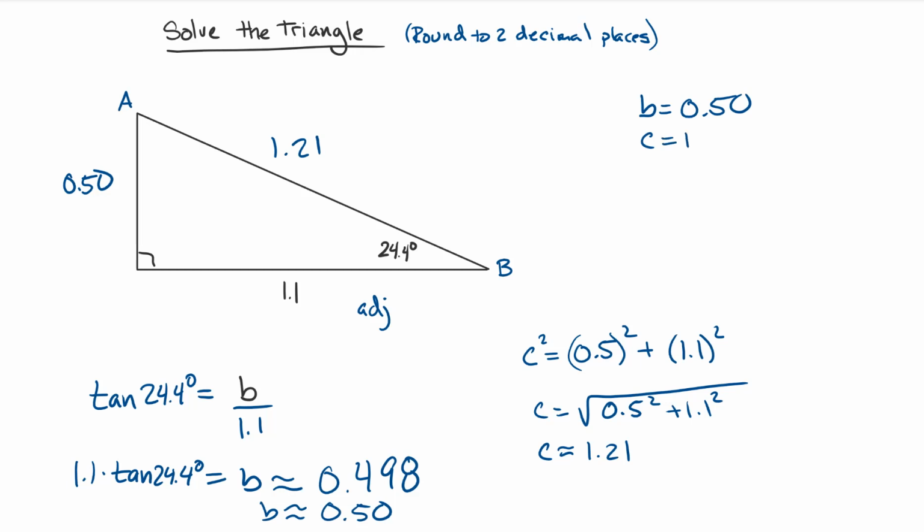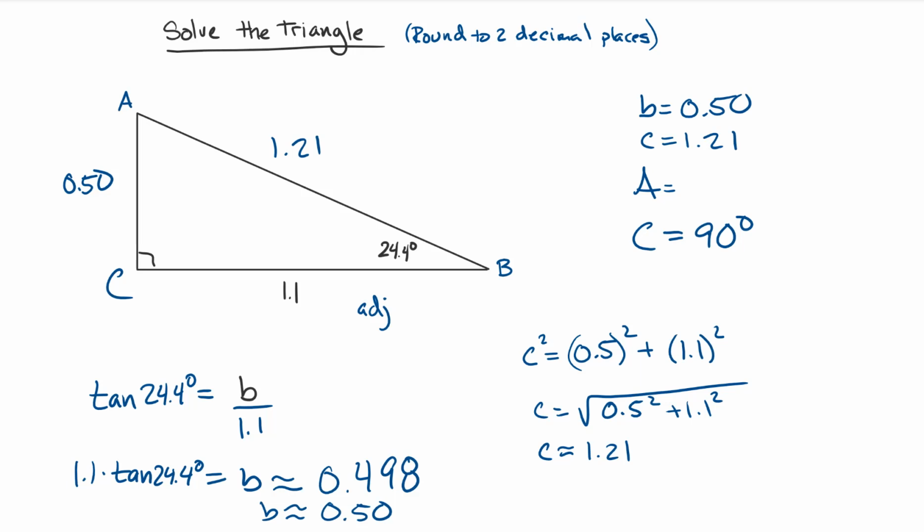I just make a right triangle. And now, let's go get angle A. How do you want to solve for it? Maybe with the fact that we already know that C is equal to 90 degrees.